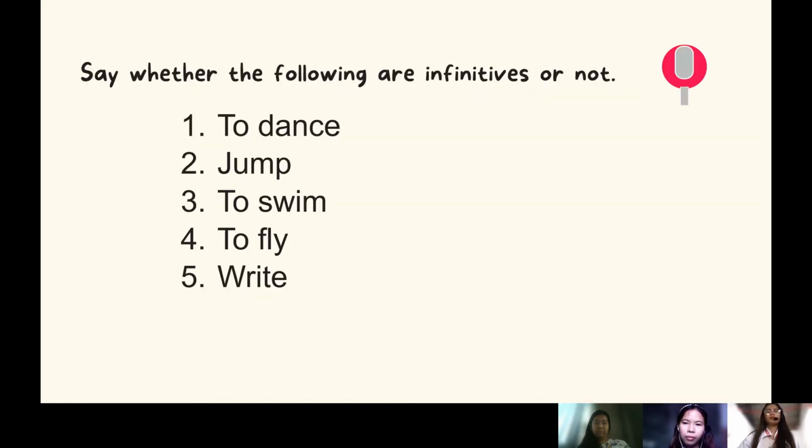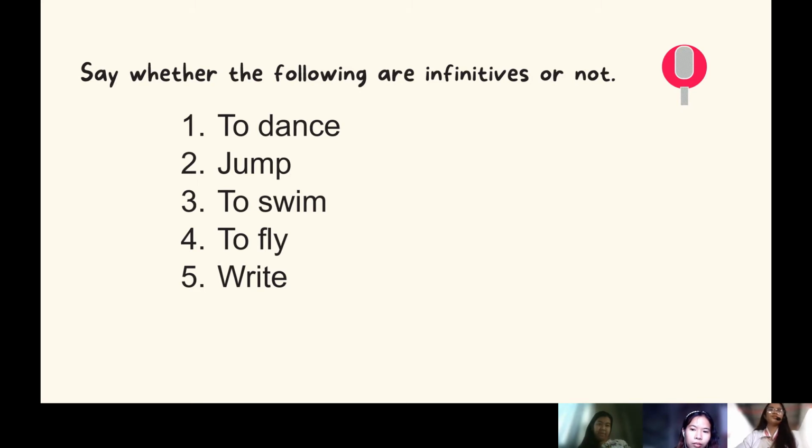Okay, so let's have a short practice. Say whether the following are infinitives or not. Just tell me if it is infinitive or not infinitive. Let's start. Number one, to dance. Is it infinitive or not infinitive? Infinitive. Okay. Next, jump.